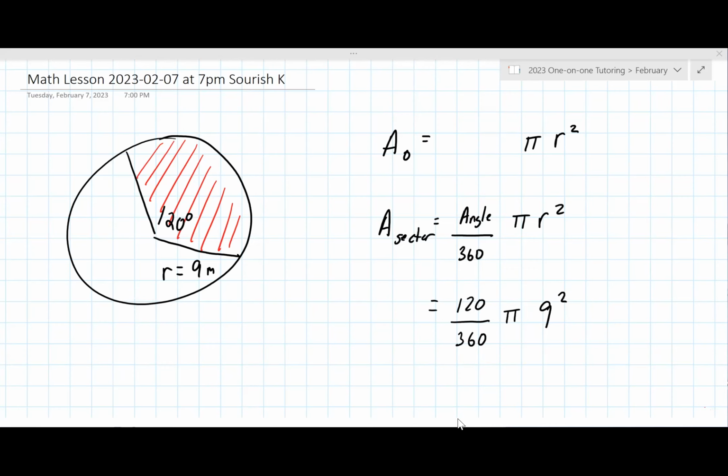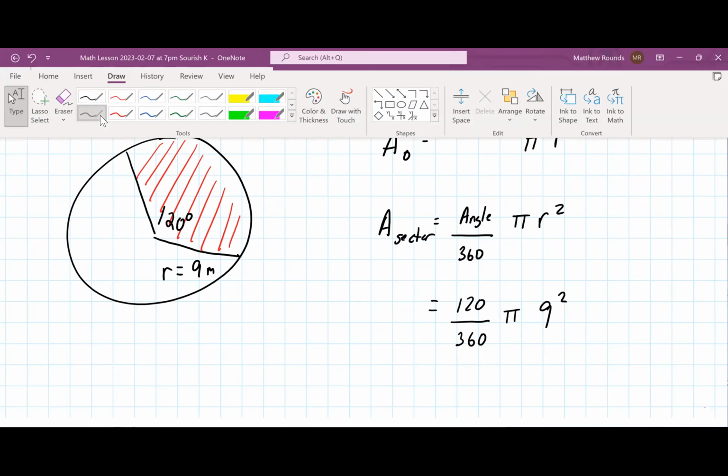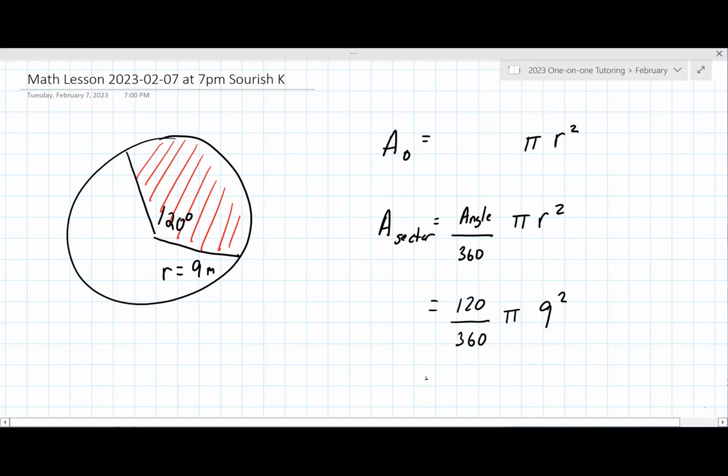Reduces. Ah, wait a minute. Okay, yes, I think I know what you're saying now. It's 2/3. Close.